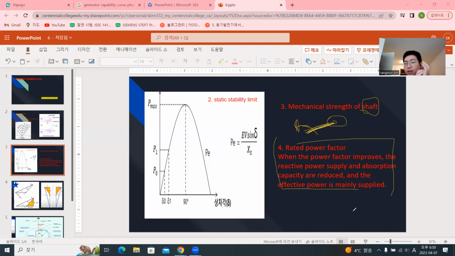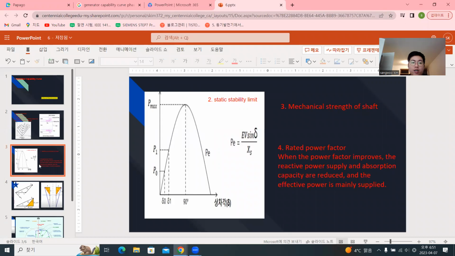If we improve power factor, we reduce the line current and loss. But it also means the reactive power supply and absorption capacity is reduced, because we are focusing on sending and generating the active power. I hope you understand what I'm saying.